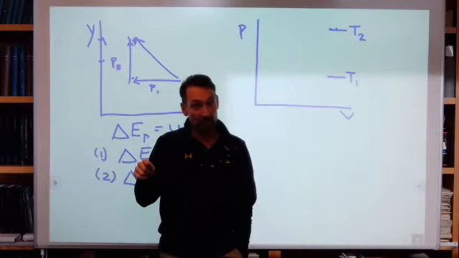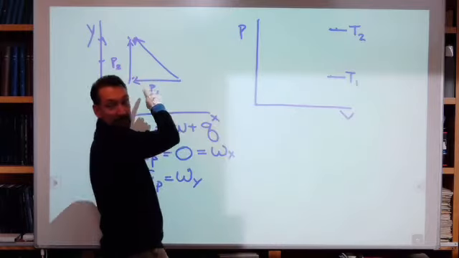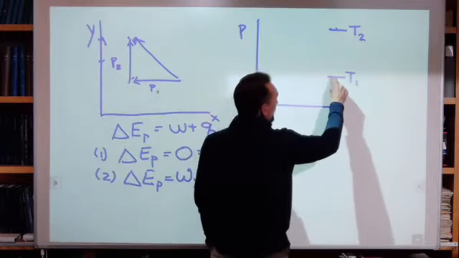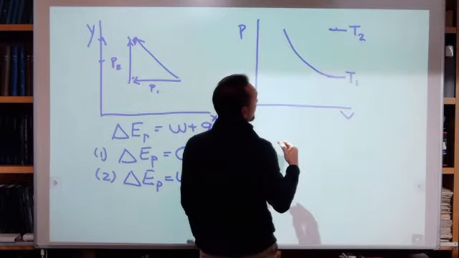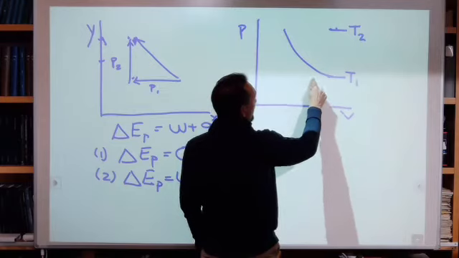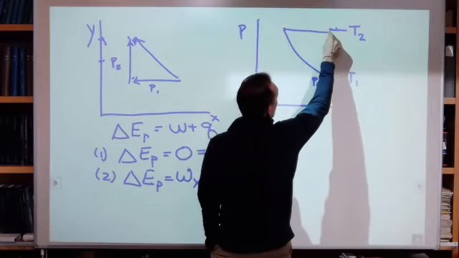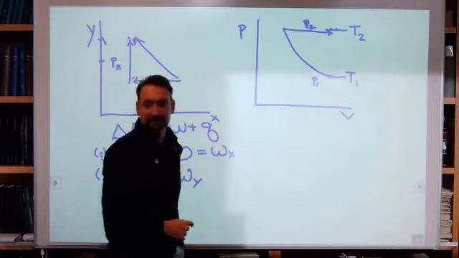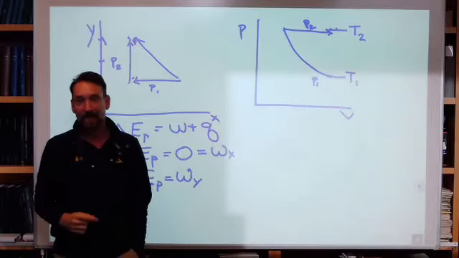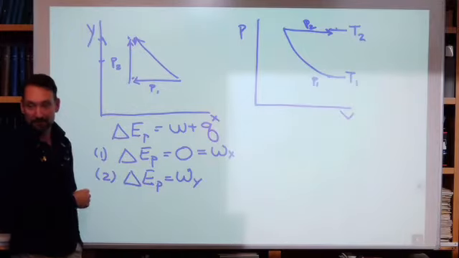The work and the heat would, but the energy doesn't. So I could go there in 2 steps like this. I could go this path first. So this will be path 1, and then this path, path 2. Okay? And then to get the total energy change, add up the energy changes for each path.